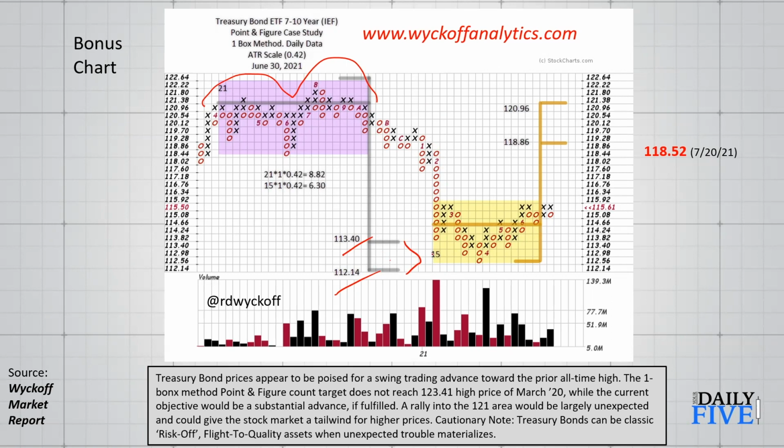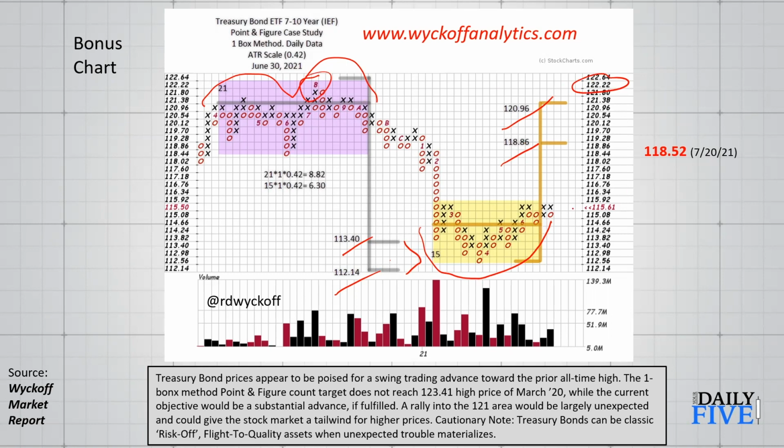Now, this count here in the yellow shaded area is very attractive because it has the look of accumulation here, and it completes. So we take the count of this area, and it counts 118.86 to 120.96, not quite getting back to the 122.22 high, but it's quite a rally.